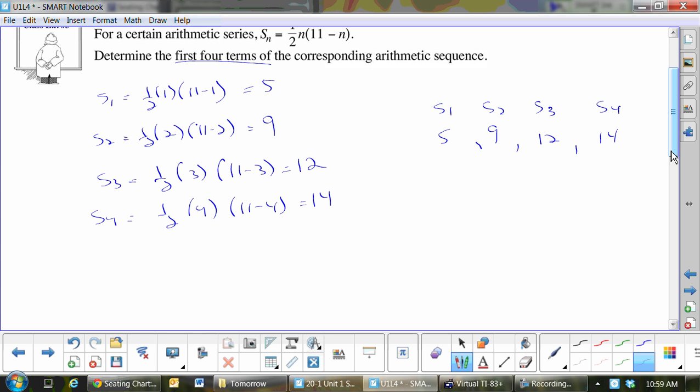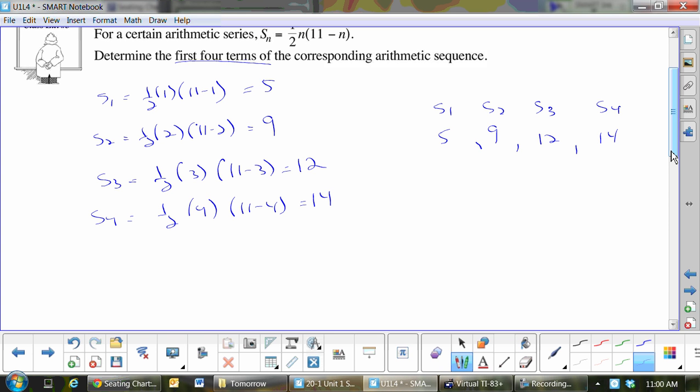If I didn't go through this example and I gave it on the quiz tomorrow, if people were lucky, they would get here and give me that as the answer. Are those my first 4 terms? No, they're not. S4 is the sum of my 4 terms altogether. So I don't know my terms yet, do I?